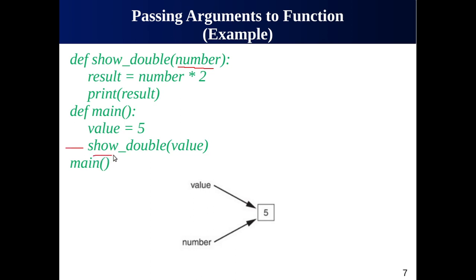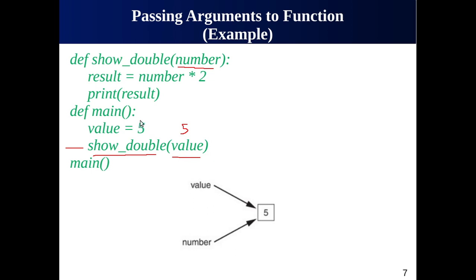To call a function, you just need to write the name of the function followed by parentheses without the colon. This function requires an argument to be provided. So the argument here is value. In this case, value is actually a variable. You can also pass the constant like this. Instead of passing value, you can pass 5, which is a constant.